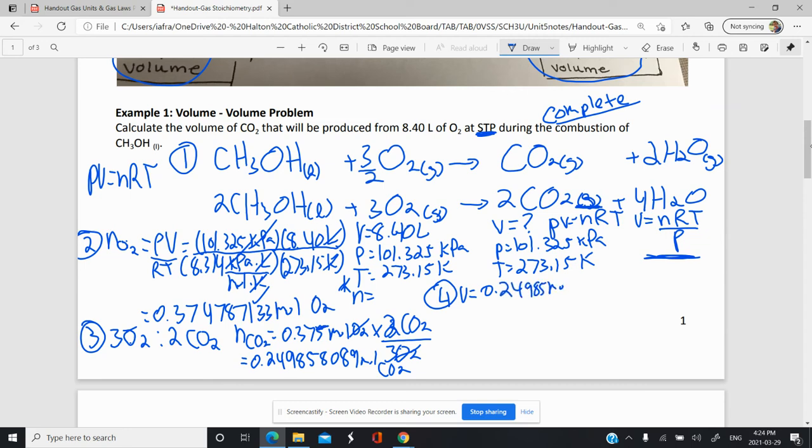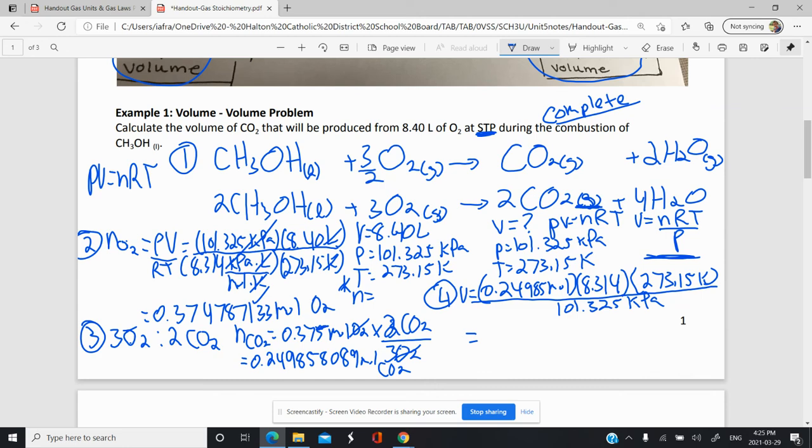0.24985 moles multiplied by 8.314. I'm not going to put in units, but you can and do the crossing out, times my temperature, 273.15 Kelvin, over my pressure, 101.325 kPa.